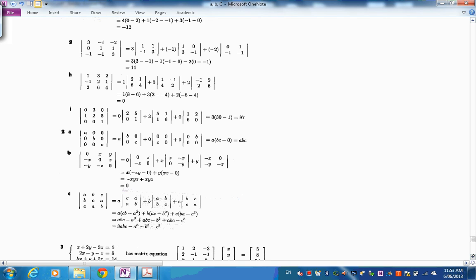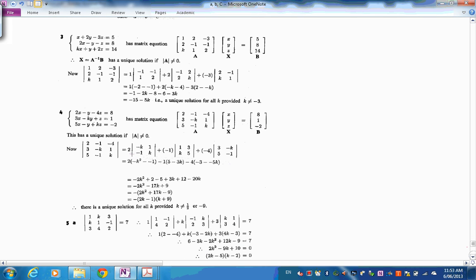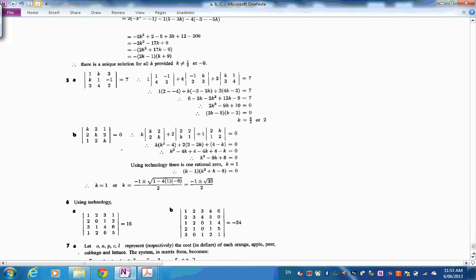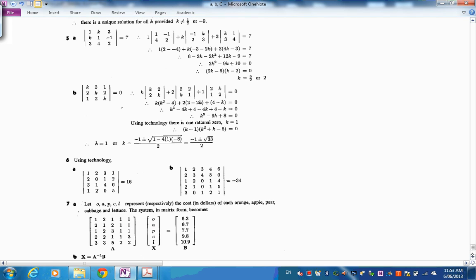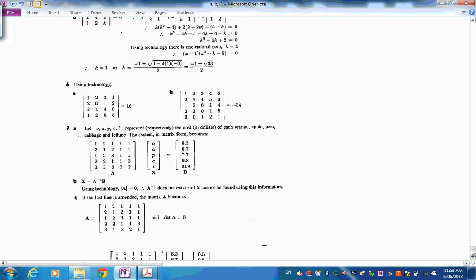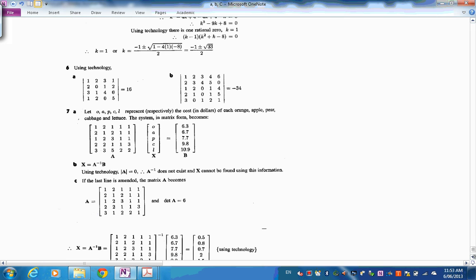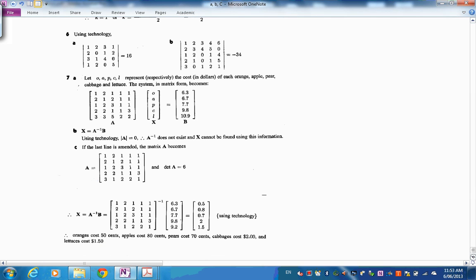Question 2, 3 and 4 there. 5. Come on to 6 and 7. See if we can get them all on there together. Yep, question 6 and 7.